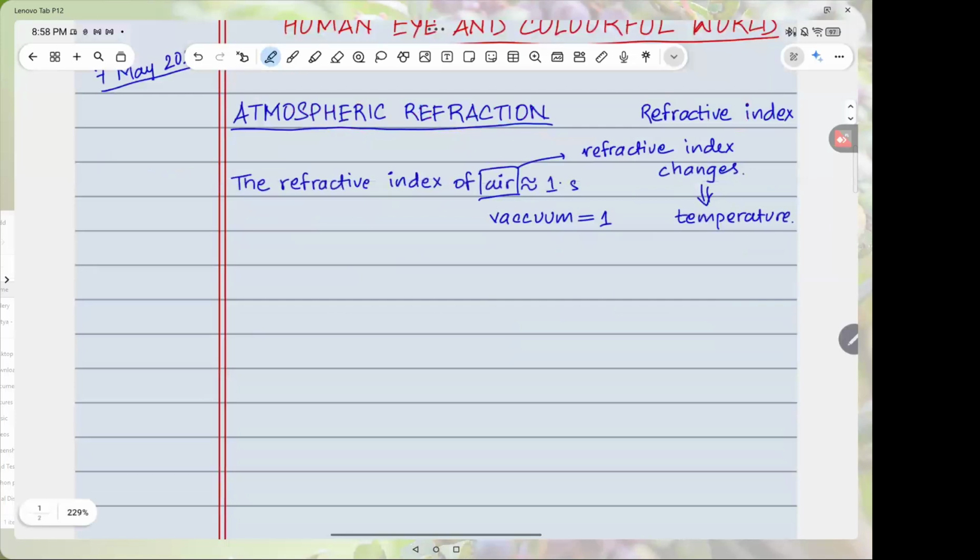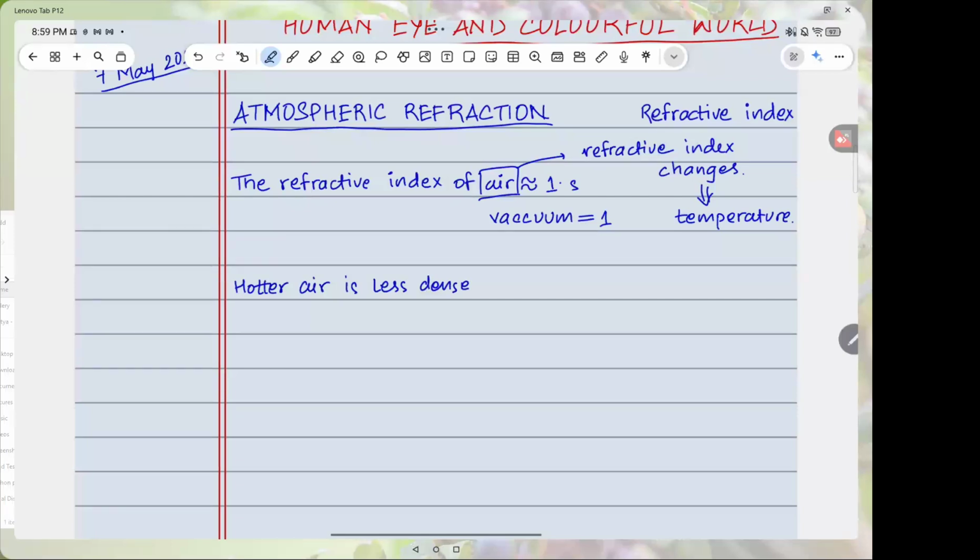Have you seen the air just around fire? If you see around fire, sometimes when we try to look at something through the fire, it flickers. This happens, right? If there is an object that we are trying to see through fire, the object seems to flicker. This is because the refractive index of the air around fire changes. So hot air is less dense.